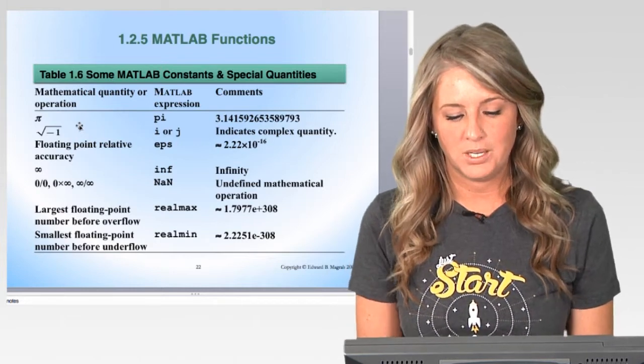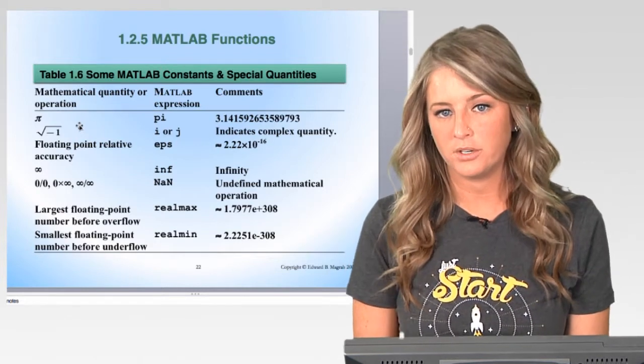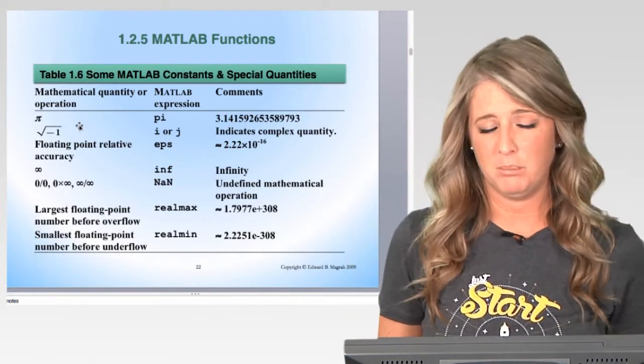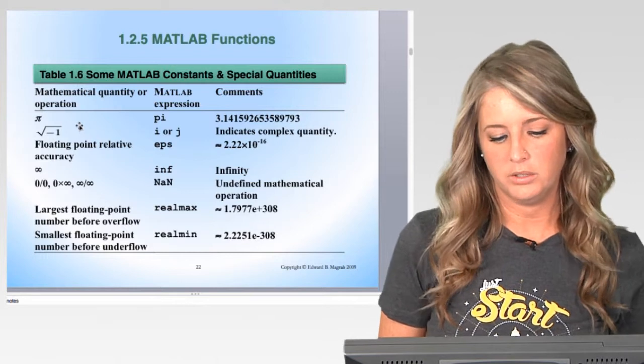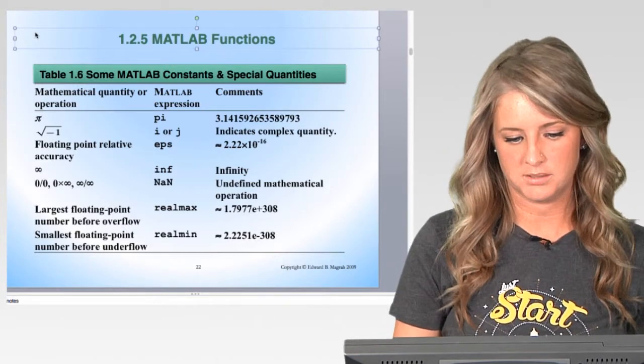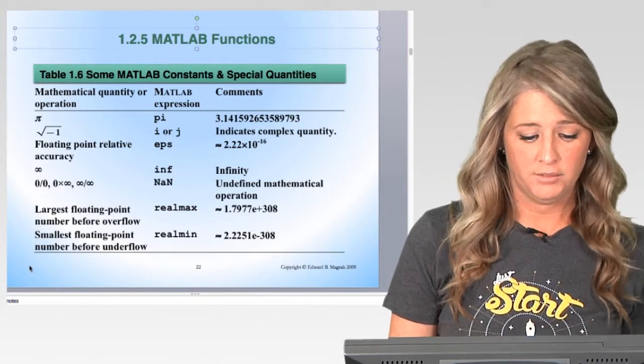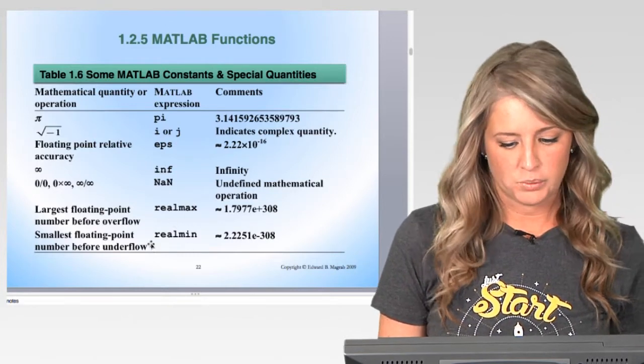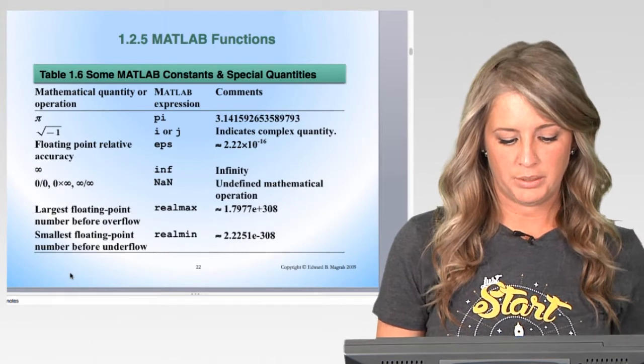That does not mean that you can't use those to represent a variable. However, a lot of times MATLAB will give you a warning and tell you that that's usually used for complex numbers. If you need to use infinity, then it's just inf, realmax, realmin. You can read through these and play around and see what those do.